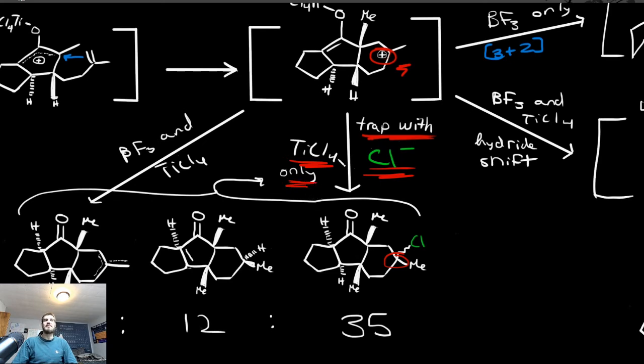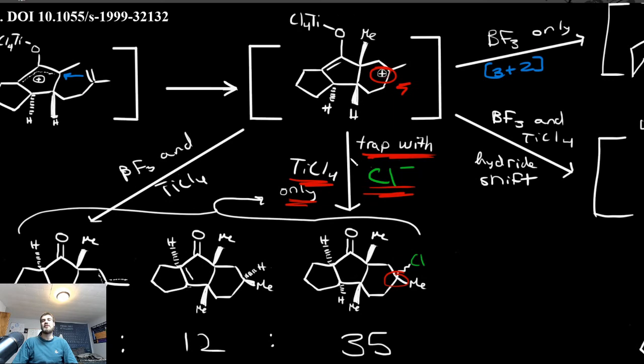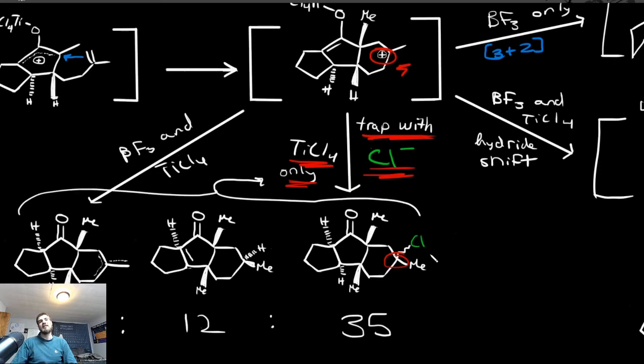this Lewis acid because they sometimes use combos of 2 Lewis acids. The positive charge on this carbon got attacked from a chloride, and it got attacked from either side, so this is not a clear stereochemistry, but the ratio is 1 to 12 to 35, with 12 being the normal elimination, and 1 being where the elimination occurred where the positive charge was.